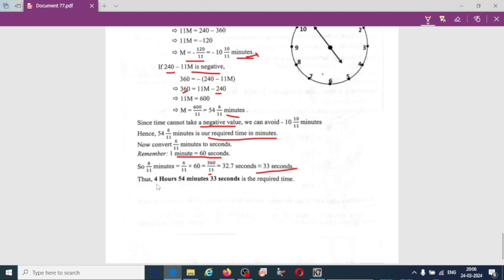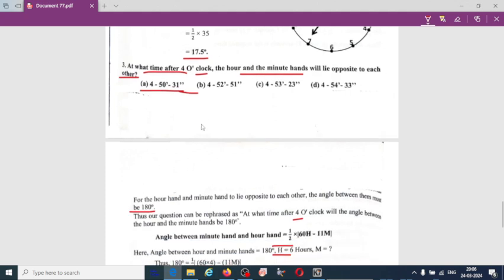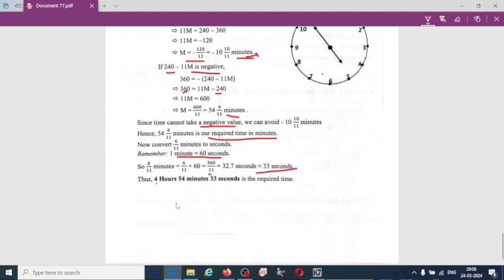So then the time it takes for the hour and the minute hand to lie opposite after 4 o'clock is 4 hours 54 minutes 33 seconds.